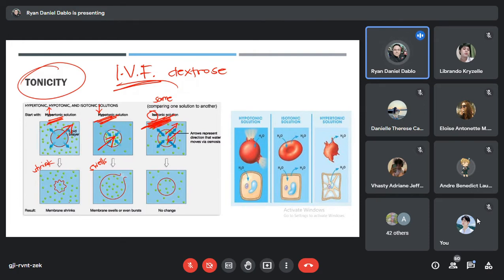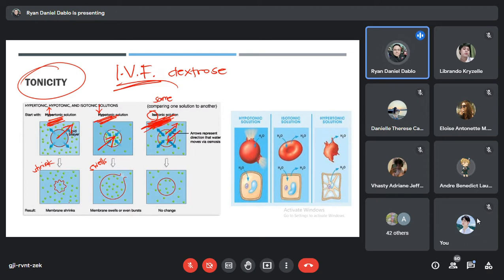If however we want to pull water from the cell out into the bloodstream, let's say in cases where you have edema or water retention or low blood pressure, so you need to increase the blood pressure so that the heart can pump effectively, you want to pull water from the tissues back into the bloodstream. So in that case, you use a hypertonic solution. If you want to keep the balance, you provide an isotonic solution instead.